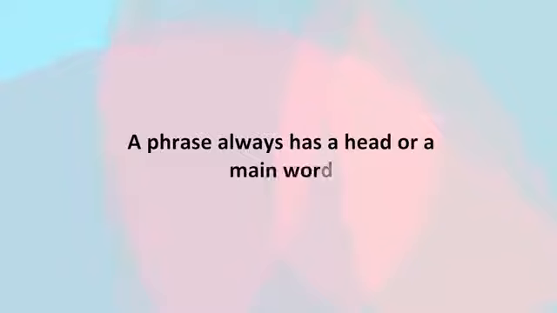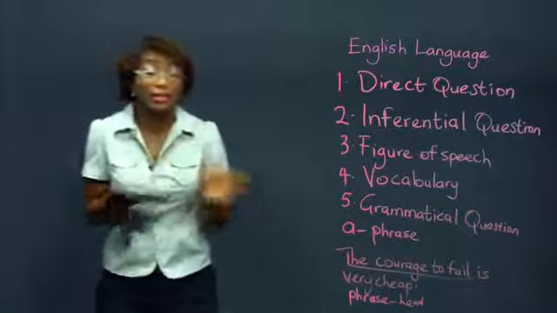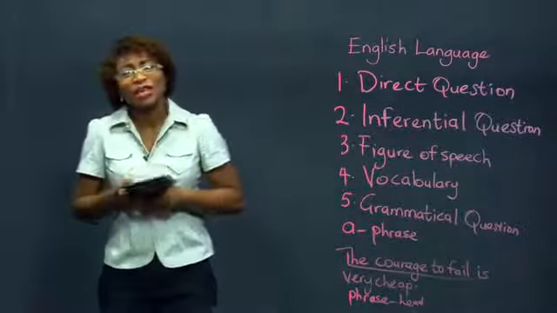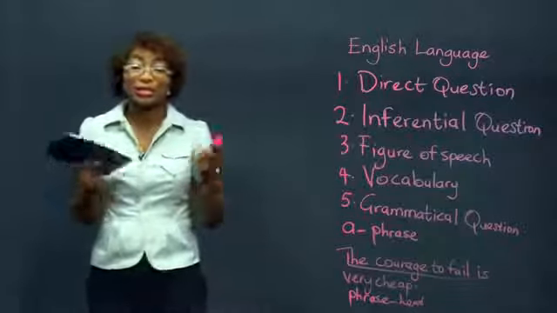How can I tell what kind of phrase this is? The way to do that is to look at the qualities of a phrase. A phrase always has a head. It has a main word. Once you remove that word, the phrase becomes nonsensical. The courage to fail may not express a complete thought, but you cannot say that it is nonsensical.